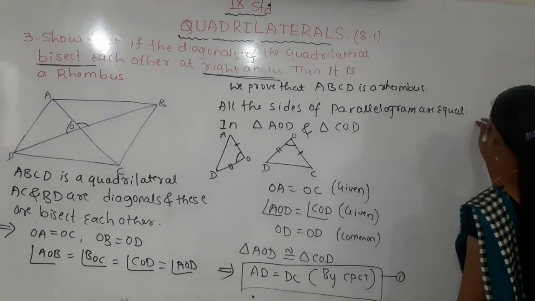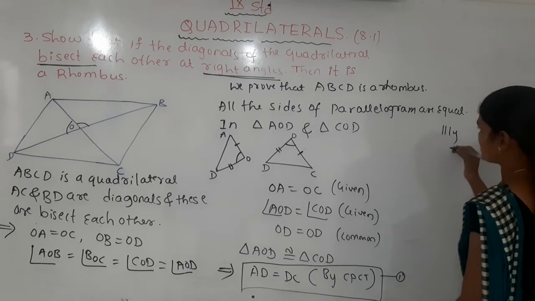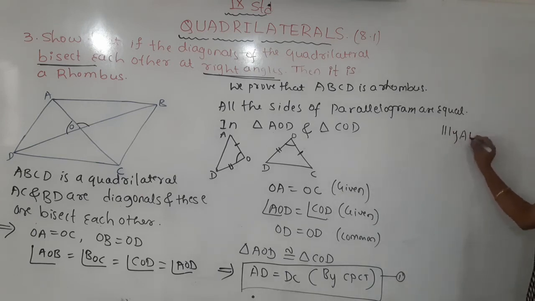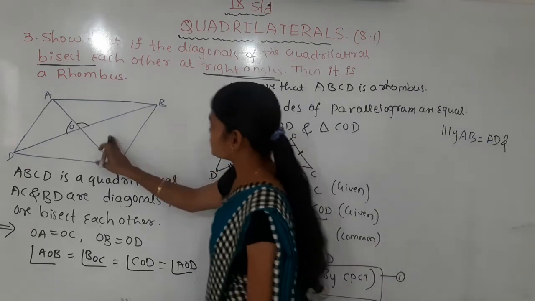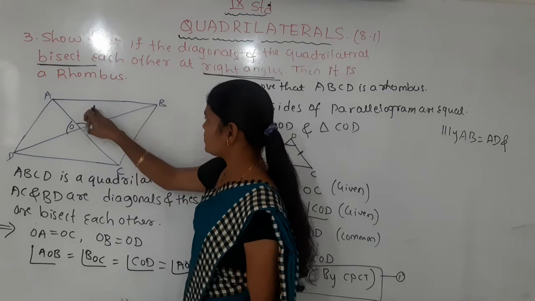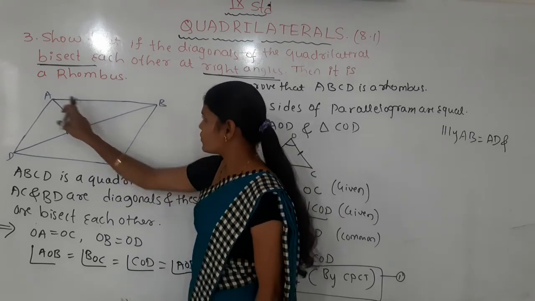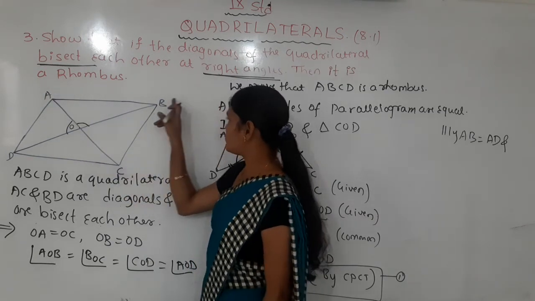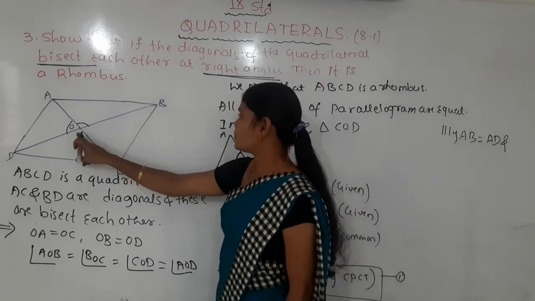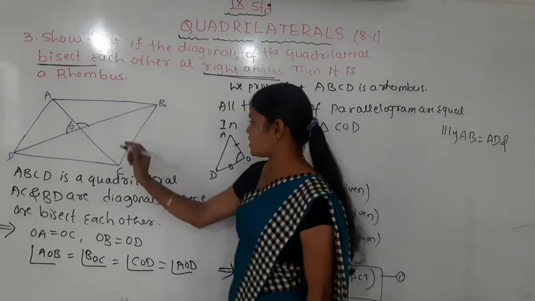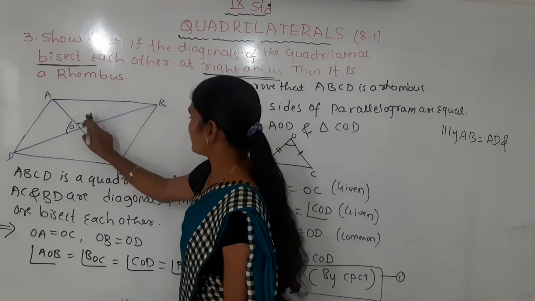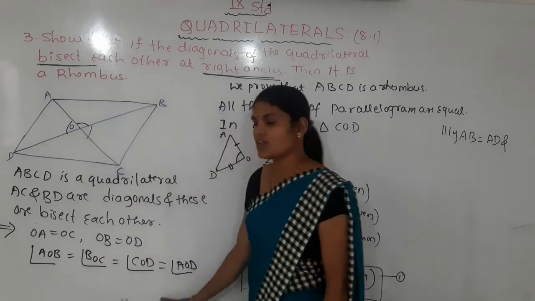Similarly, if you do like this, what are the things that are the same? AD is the same as what? And also, if you come to these two triangles, triangle AOB and triangle COB, what are the things that are the same? Are these two angles equal? Yes, already given.